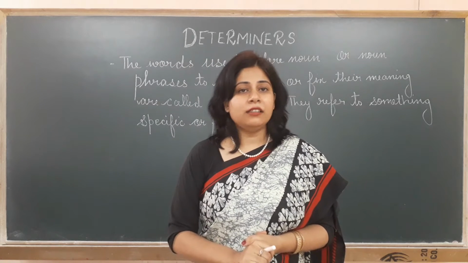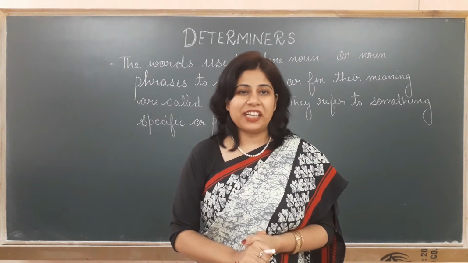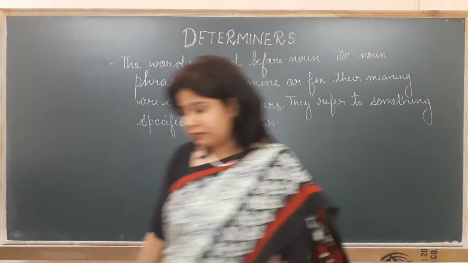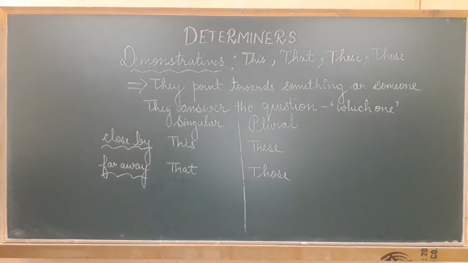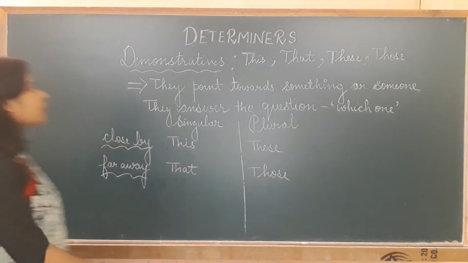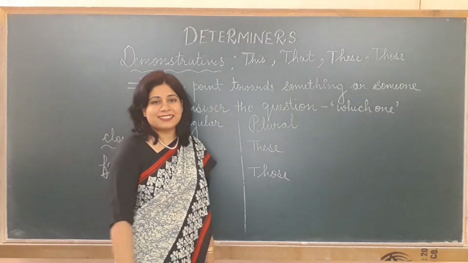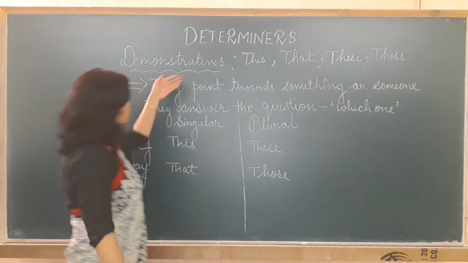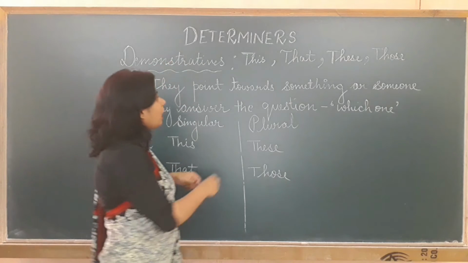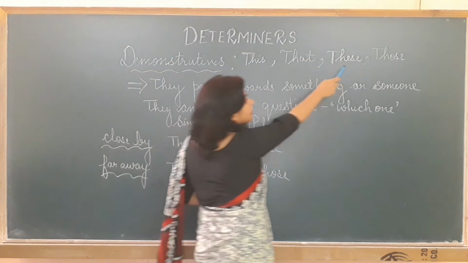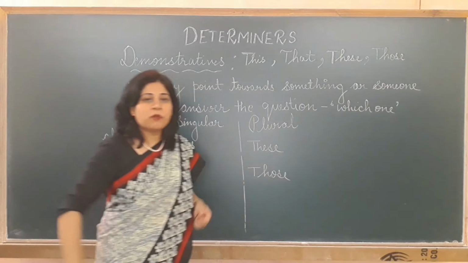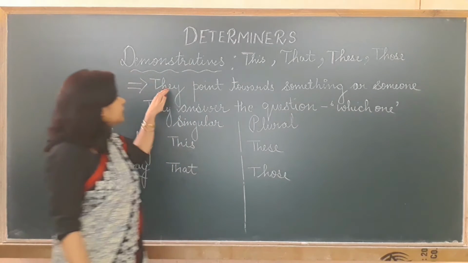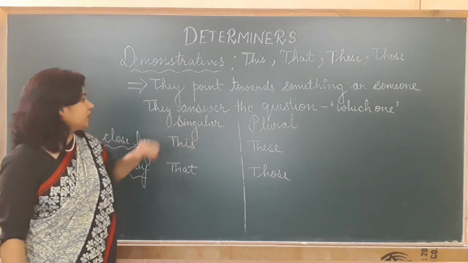So now I'll explain demonstratives. Alright, now let us talk about demonstratives. This, that, these, those are demonstratives. They point towards something or someone.